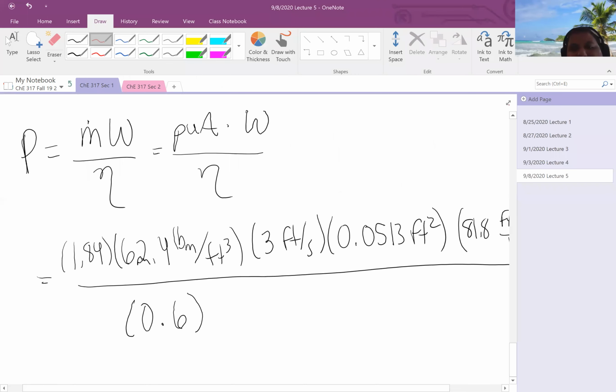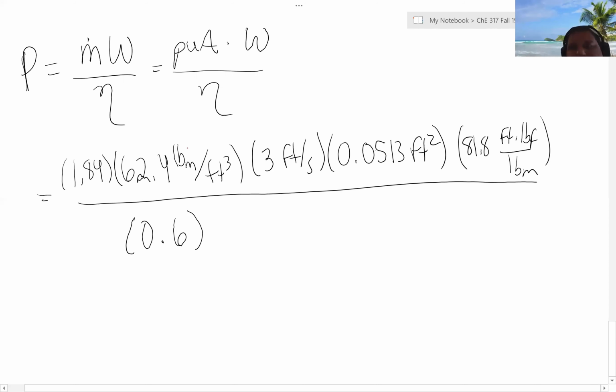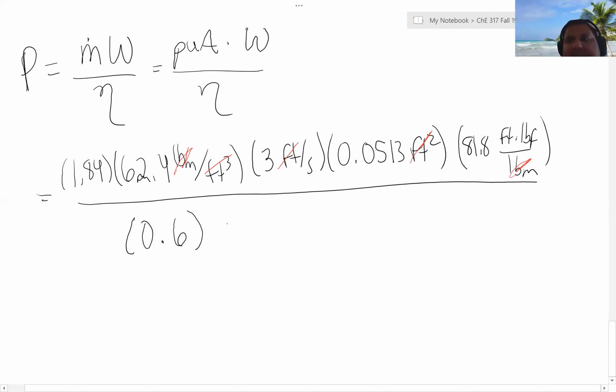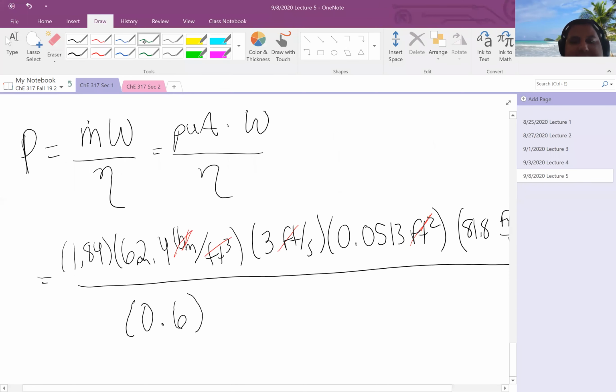I do a units check. So the pound mass goes away. The cubic feet goes away here. So I'm left with foot-pounds per second, which to get that into horsepower, I just have to divide everything by 550.